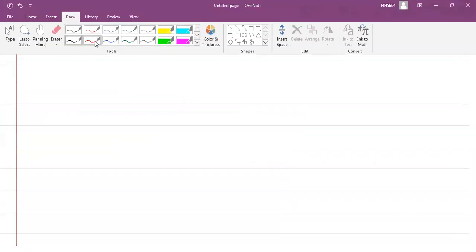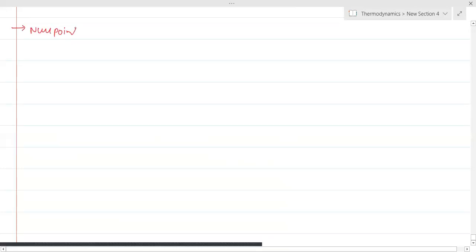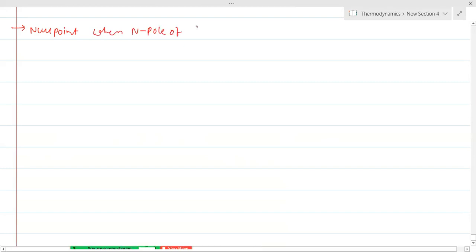And the most important point out of all the null point discussion is the null point when the north pole of the bar magnet faces geographic north.